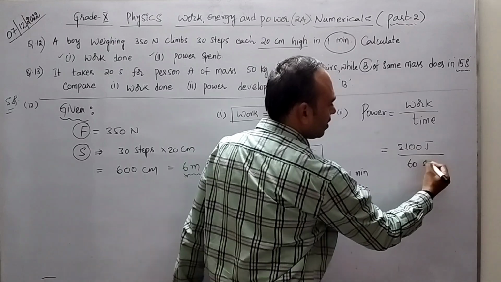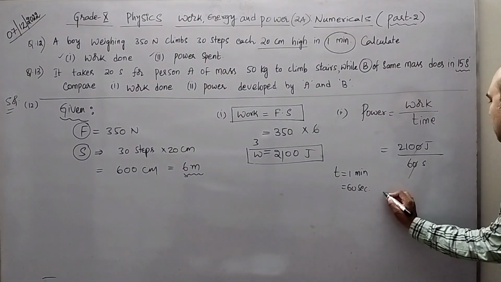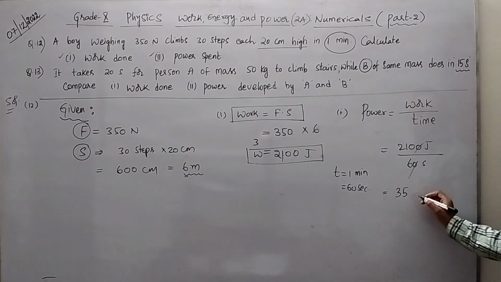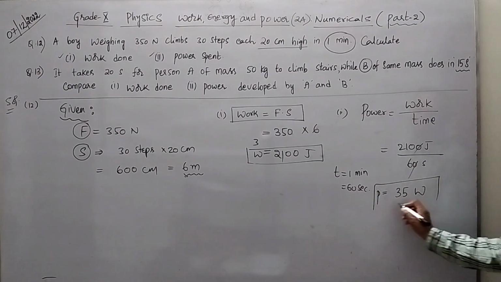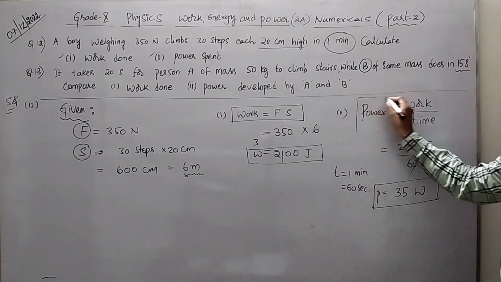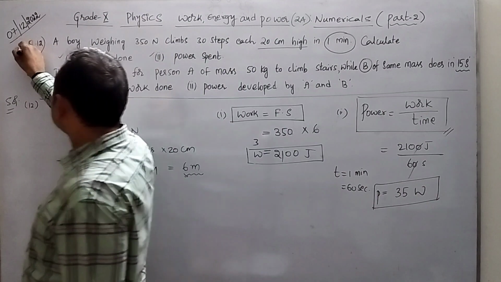Substitute 60 seconds here. Now on cancelling this we get 6, 3 and 5. So we get 35 watt. Now using the two formulas, that is work is force into displacement and power is work by time, we are able to solve question number 12.